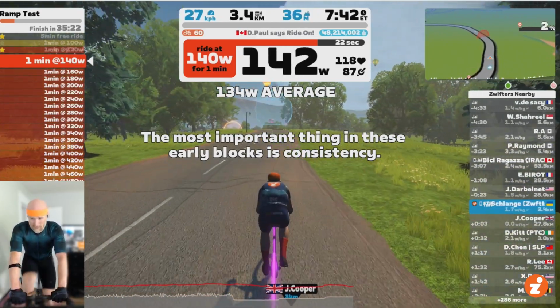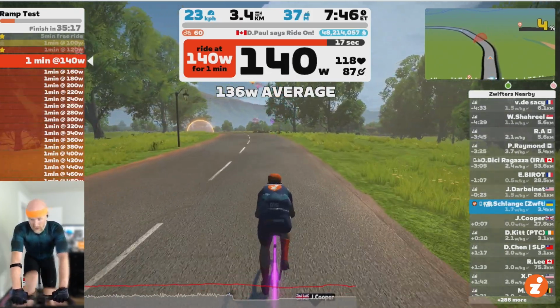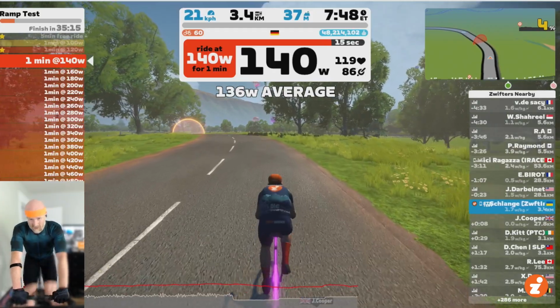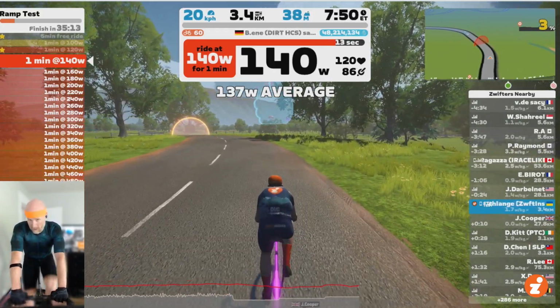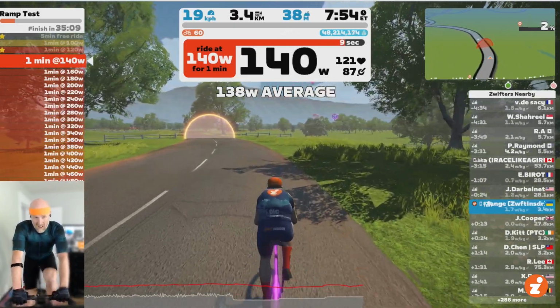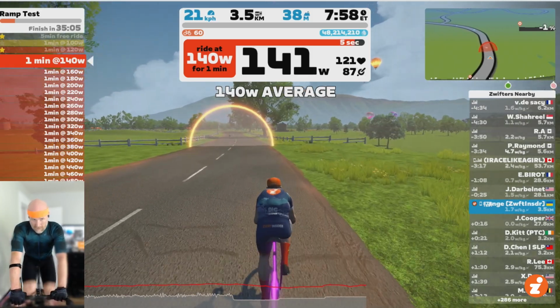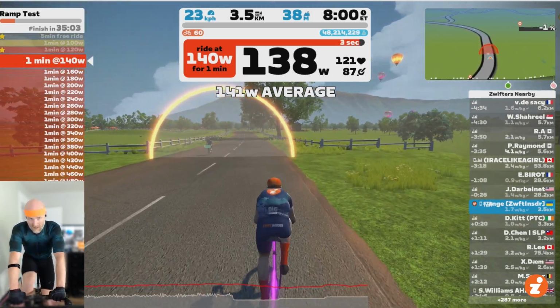It's made for people whose FTP is lower to give more accurate results. Because there are people whose FTP is what I'm at right now, 140, 160. And this wouldn't be an accurate test if you just jumped on, did a 5-minute warm-up, and then 3 minutes.